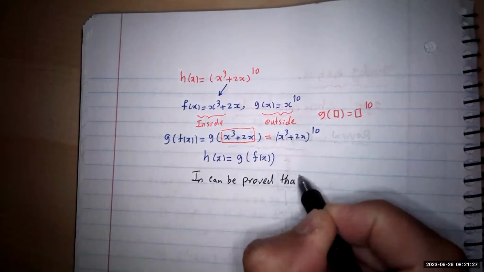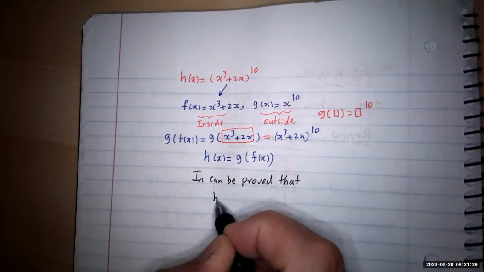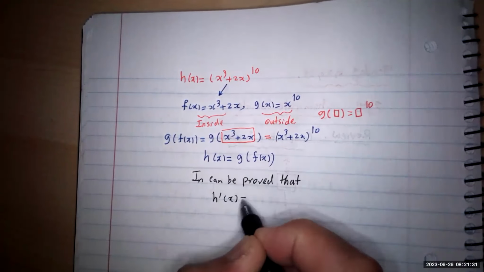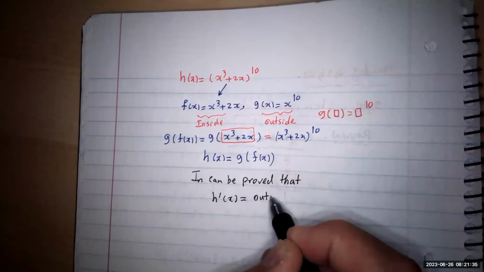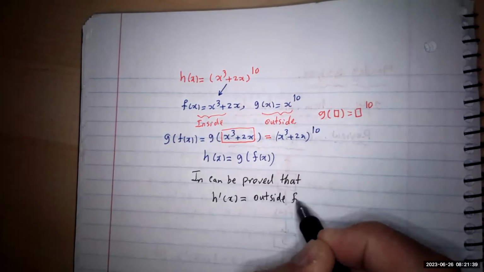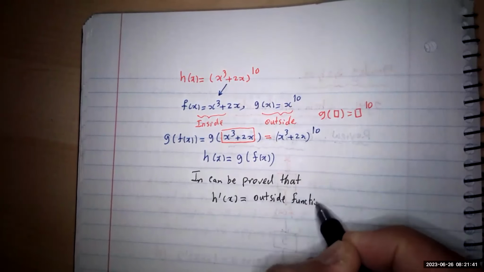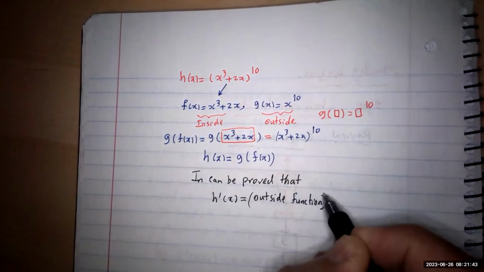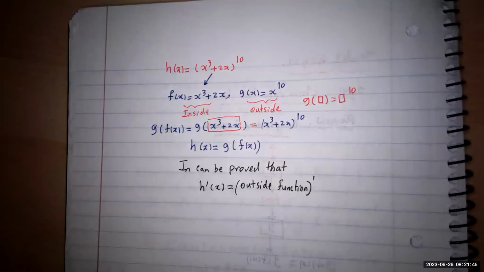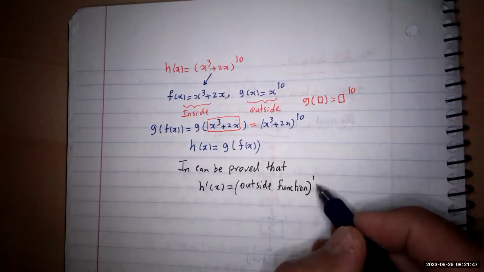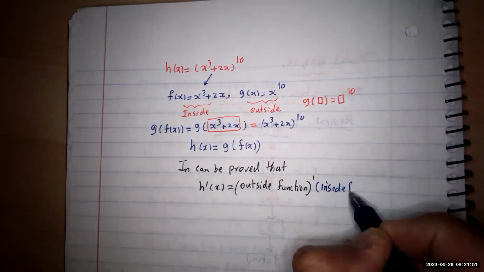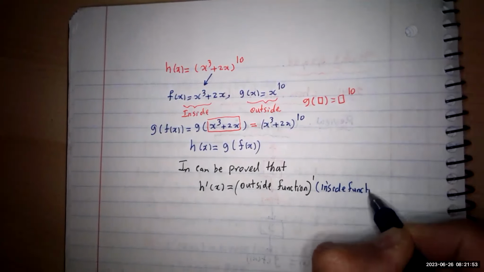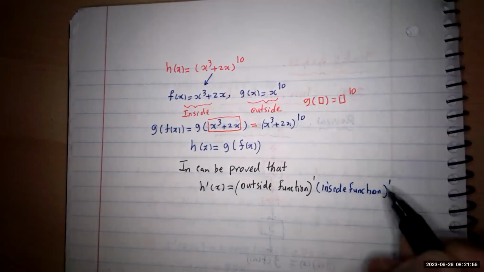If you want to find h prime of x, it's going to be simply the derivative of the outside function prime times the derivative of the inside function prime.